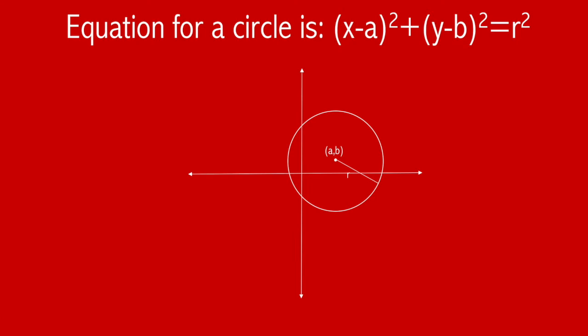So if this value is positive, then a is actually negative. Same goes for b. If this is a positive sign, that means the actual value for b or the center is negative. So just keep that in mind when you're solving questions.